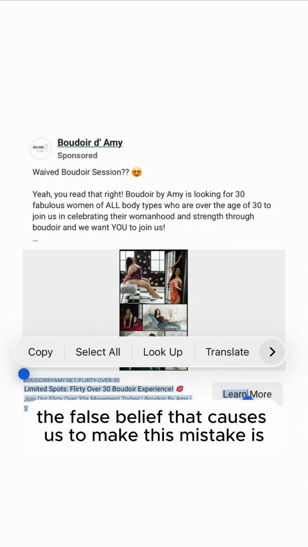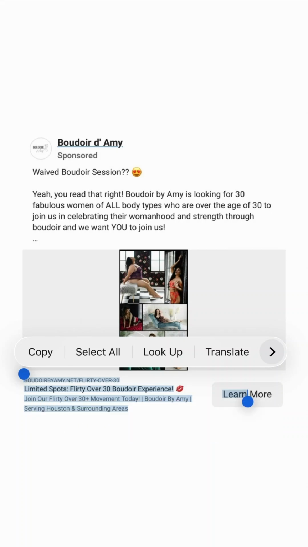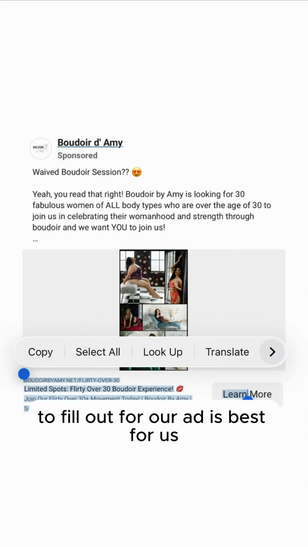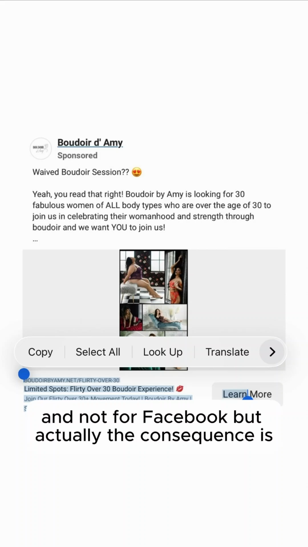The false belief that caused us to make this mistake is that we're actually trusting what Facebook tells us to fill out for our ad is best for us and not for Facebook.